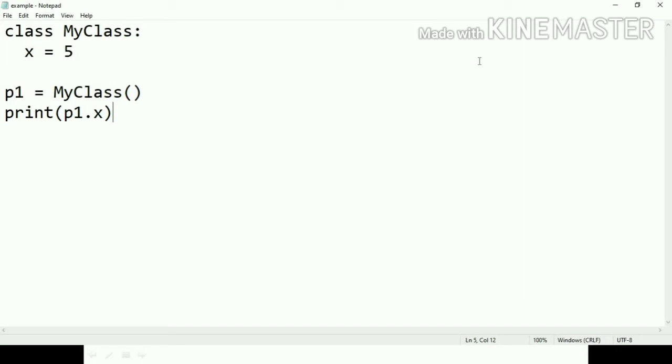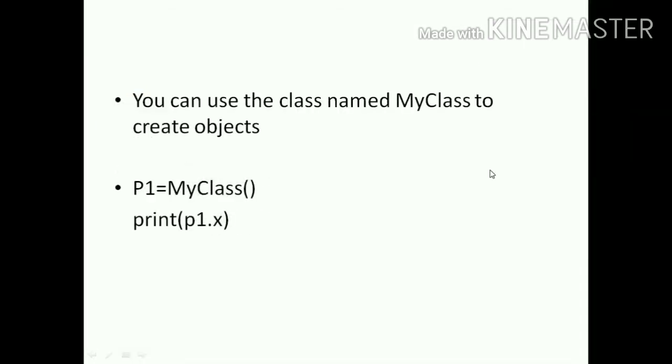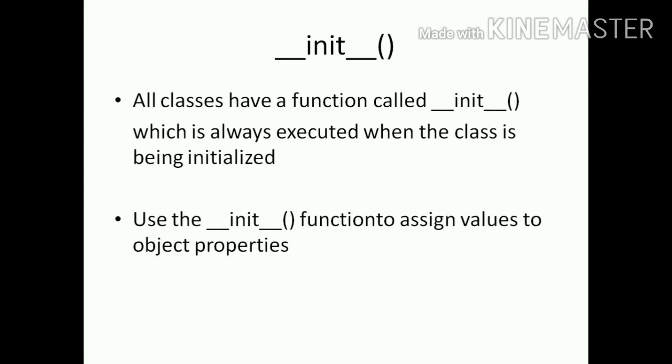To understand the meaning of classes, we have to understand the init method. __init__ is a built-in function in Python. All classes have the function called __init__, which is always executed when the class is being initialized, at the time of object creation. So use the __init__ function to assign values to object properties.